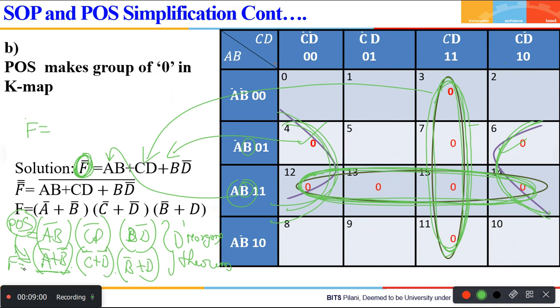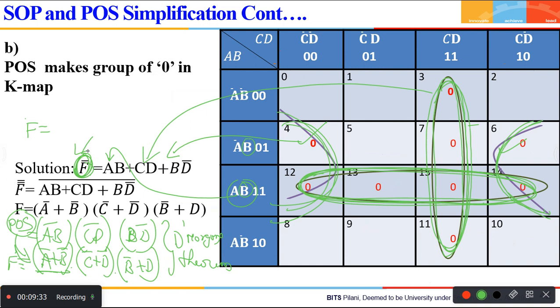Right? After that, write the expression in SOP only. But that is not F. That is going to be your F bar. What you get is F bar here. Now, how do you get your F? Take one more complement and simplify it using De Morgan's theorem. That's all. You will get your actual F in the form of product of sum.